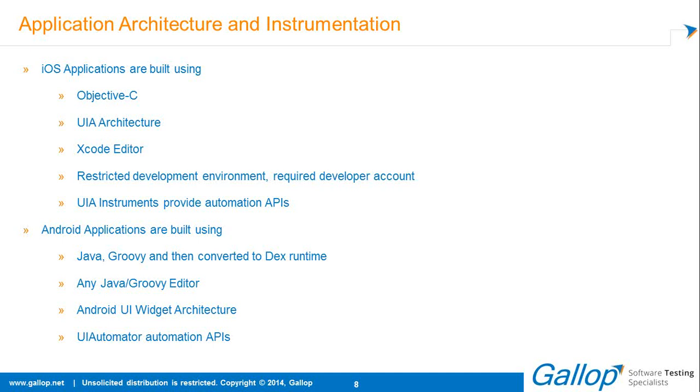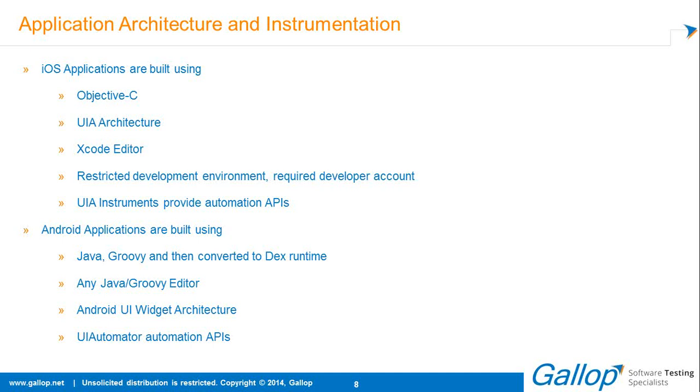And from Android 4.1, Android also started providing API to automate your applications using the UI Automator APIs for Android. So that is when many of the open source solutions started building tools to support your Android automation.